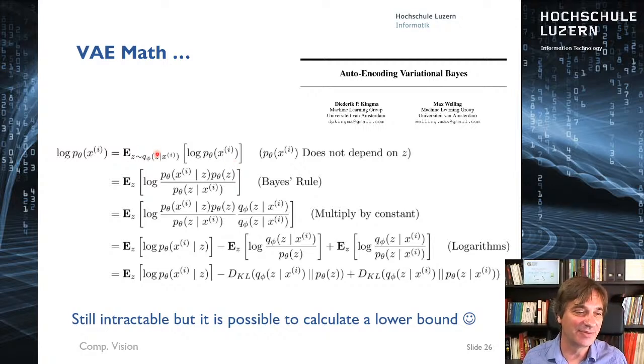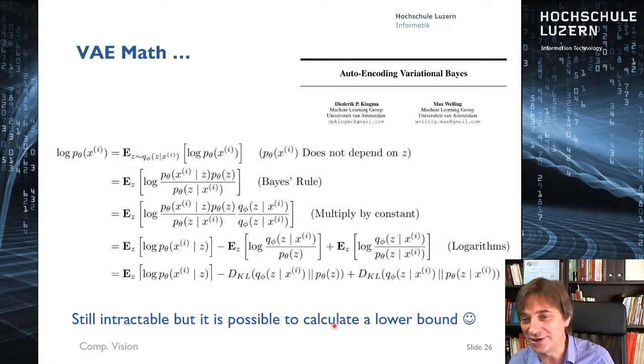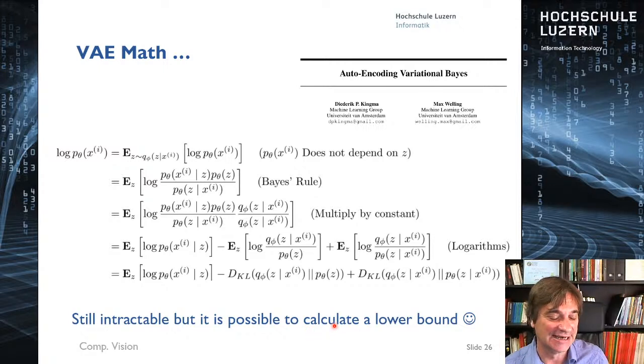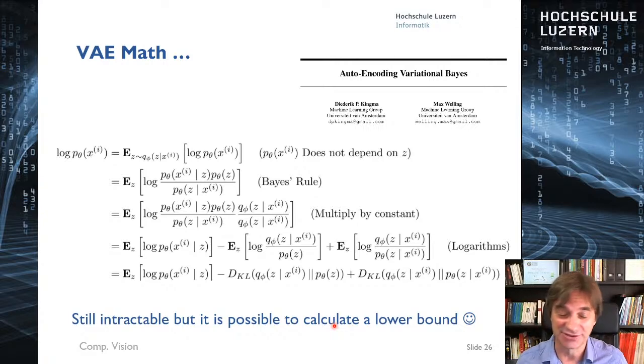So what they came up with is that, with some manipulation, you get something which is still intractable, but it's possible to calculate a lower bound, and this lower bound can then be used to generate the actual decoder function and to calculate the result here.